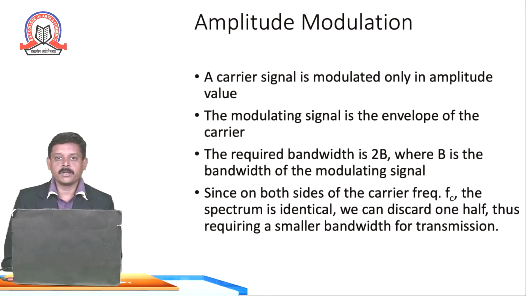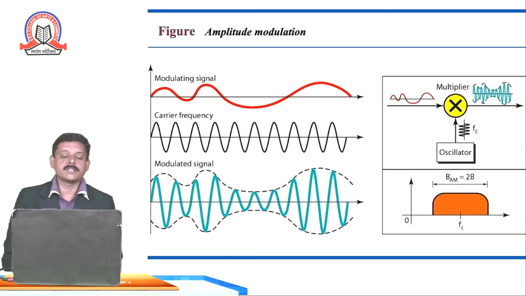We will see this with the help of diagrams. As you can see in the diagram, here we have the modulating signal, the actual signal, and then the carrier frequency is also defined.